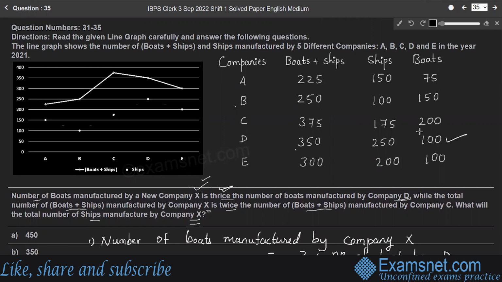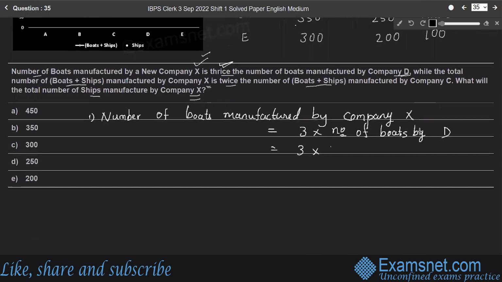According to the given table. Therefore, 3 into 100, which is 300. So company X manufactures 300 boats.